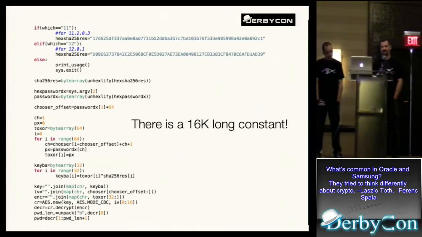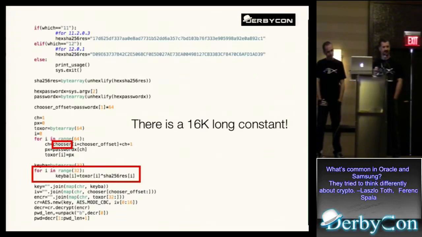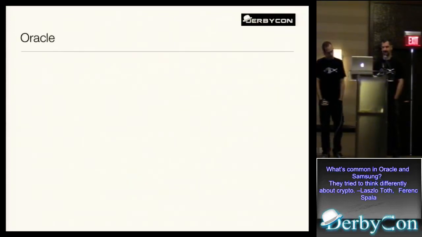This constant is used to pick bytes from the long hex string. The picked bytes are stored in another constant. It's not really a constant, but now it is a constant. The result will be an AES key and the encrypted password. And you can just call AES to decrypt it. As simple as that.